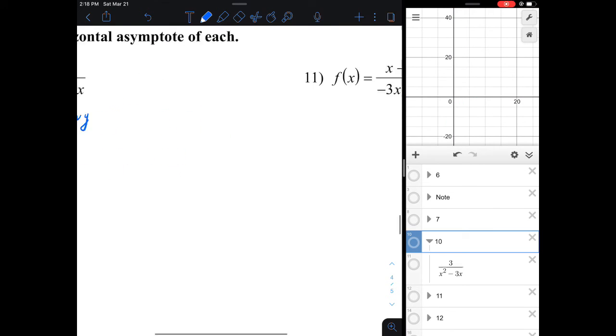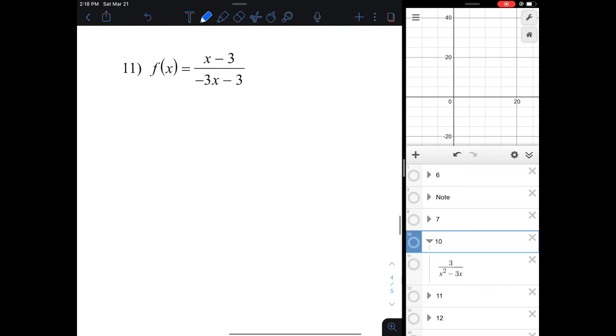Now let's look at number 11. Same thing, we want to know what is the horizontal asymptote, which is the end behavior of the graph. Now, using the end behavior model, we go find the largest exponent of x in the problem. Well, the largest exponent of x is x to the 1 power, and that exists in both the numerator and the denominator.